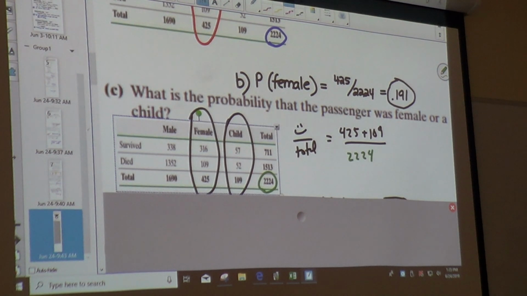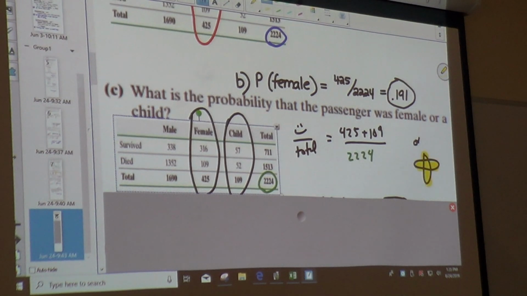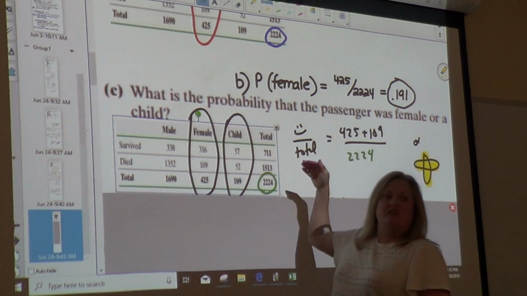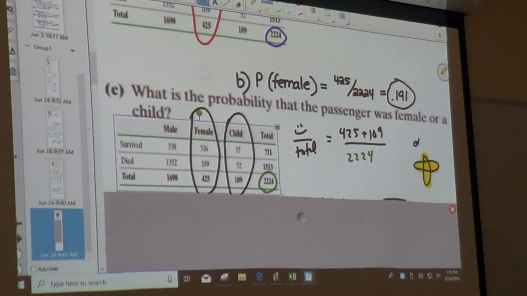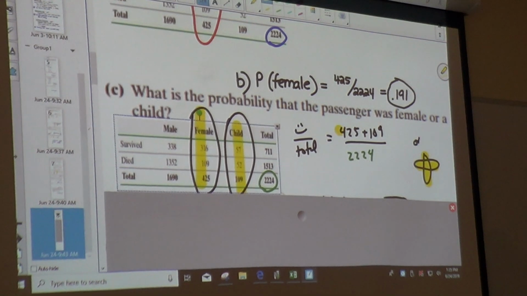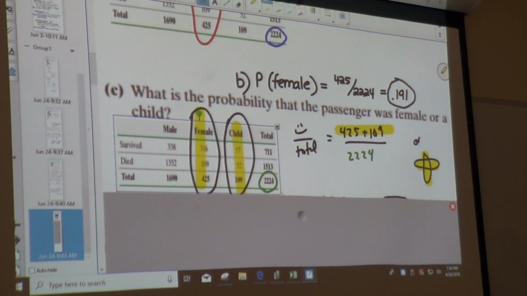Now, usually when we say or, remember, most of the time when we say or, it looks like this and it looks like this, and we do all the shading. Well, this time, it didn't overlap, but we're still going to do all the shading. They just didn't overlap. We good?